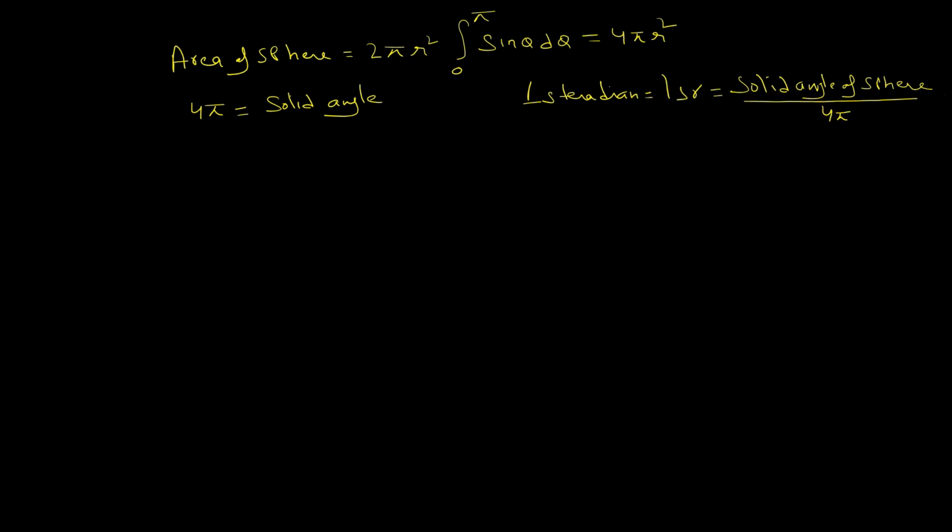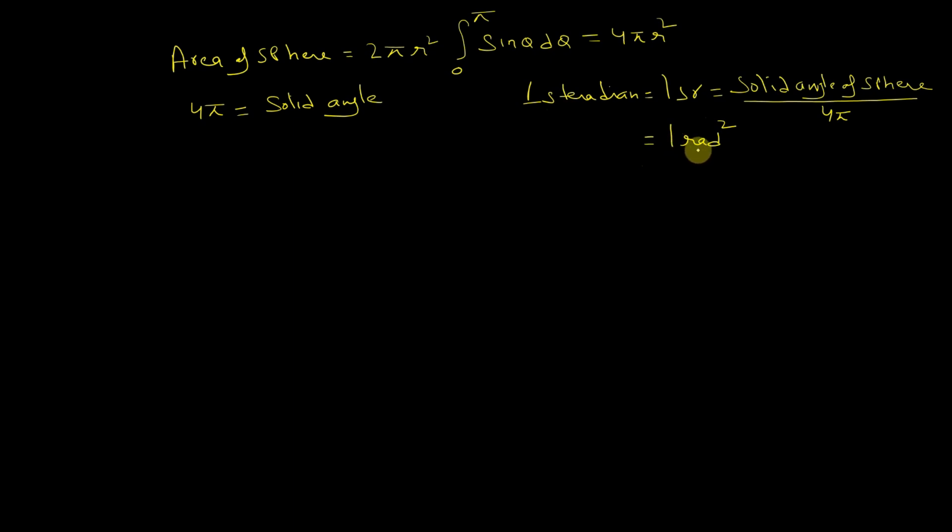And how is it related with radian? Now 1 radian was 2 pi, 1 steradian is 4 pi. So 1 steradian is equal to what? 1 radian square. We can write this because 1 steradian is the 4 pi solid angle and 1 radian is 2 pi.